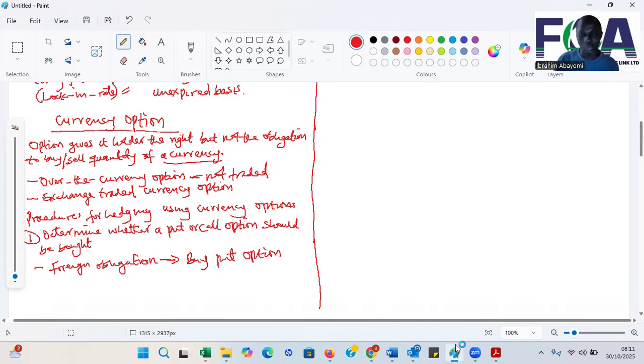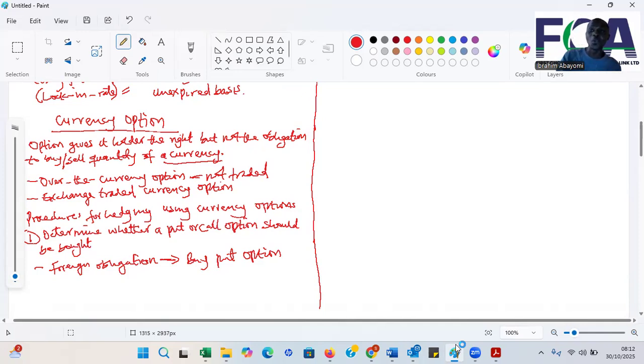In an exchange traded option, it is the contract currency that I can buy or sell. So look at the contract currency, what are you doing with it? We elaborate on it when we solve questions on exchange traded. Am I selling that contract currency or am I buying it? That is when you know whether it is a put or a call option.